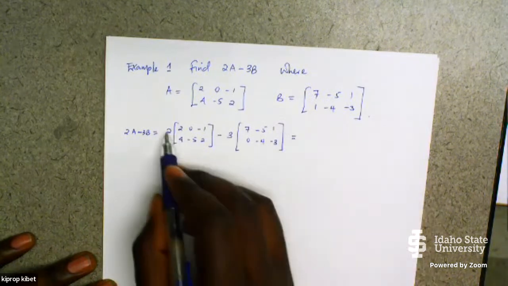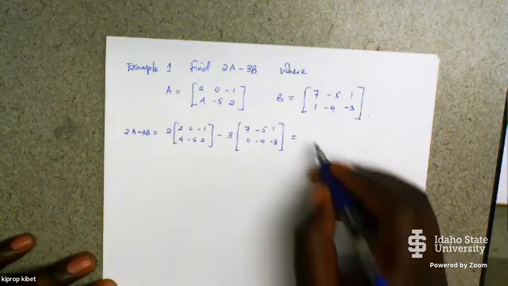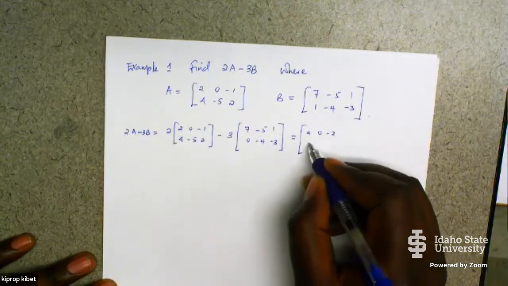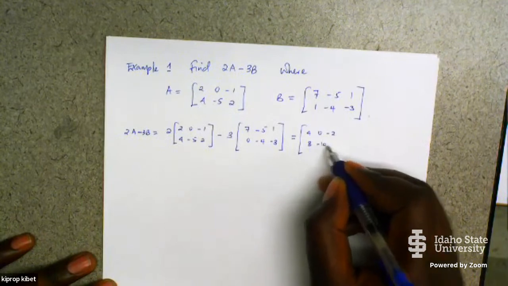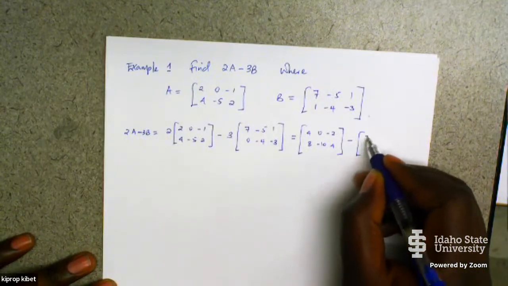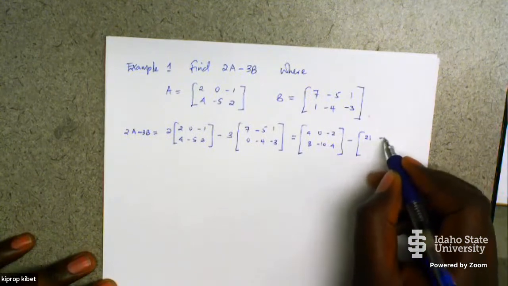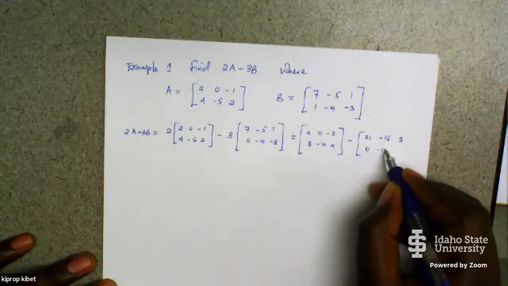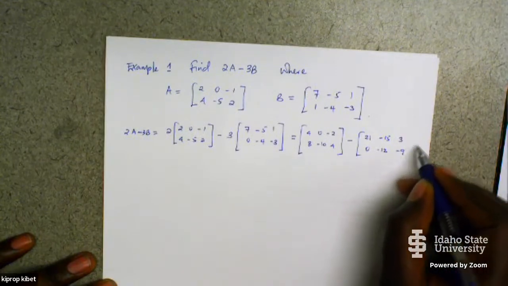This equals, we distribute 2 inside, 4, 0, minus 2, 8, minus 10, 4, minus 21, minus 15, 3, 3, minus 12, minus 9.